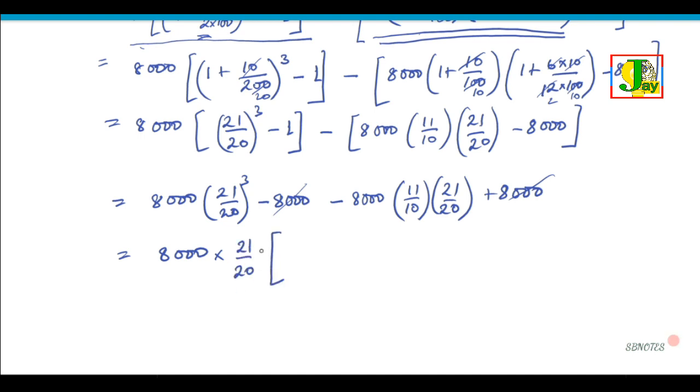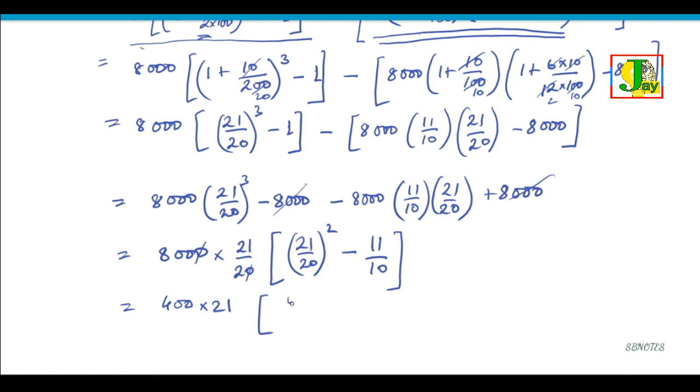So inside the bracket we get 21 by 20 whole square minus 11 by 10, so that's 10 cancels, 400 into 21.